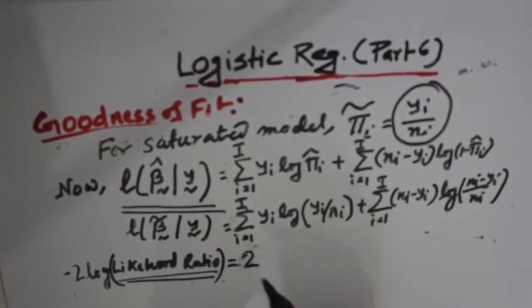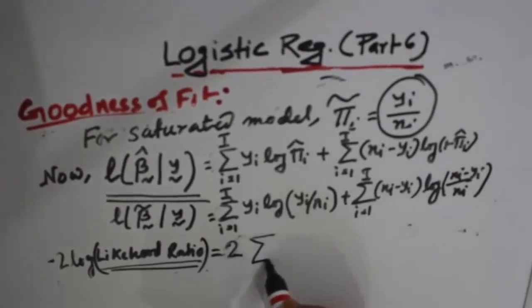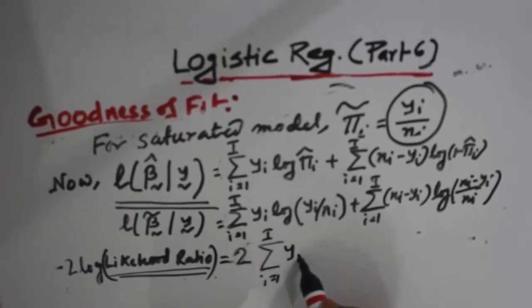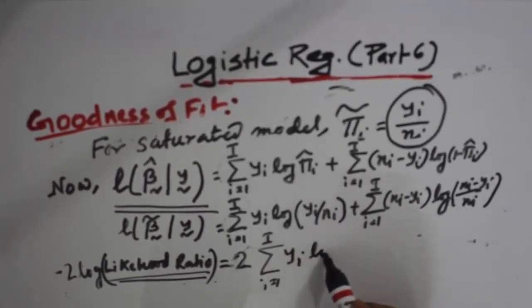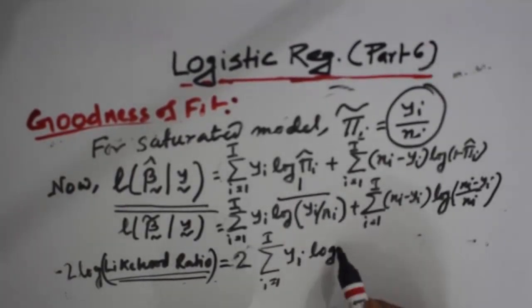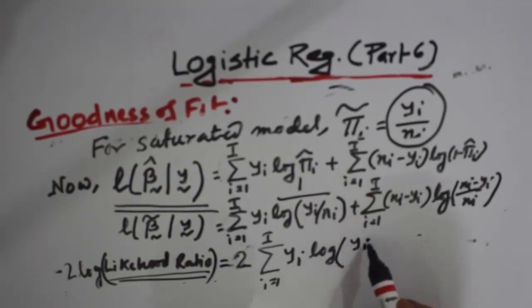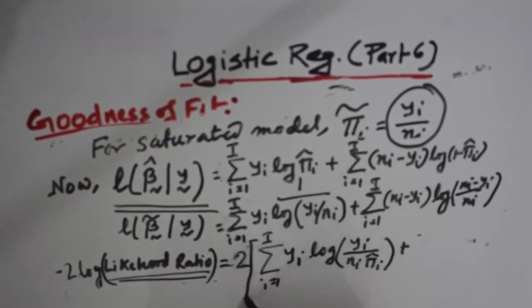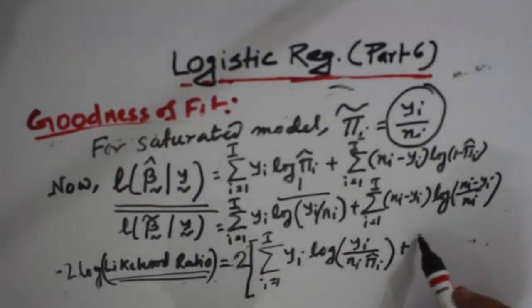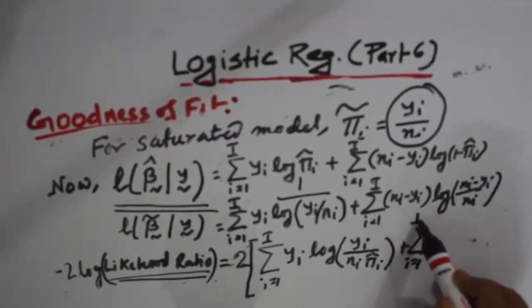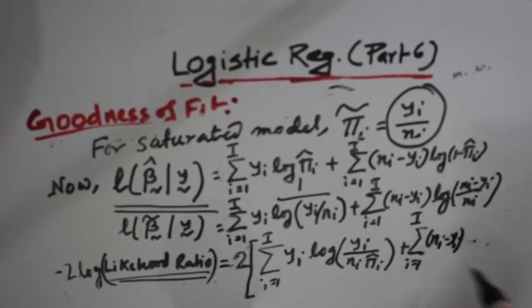So this is equal to 2 times the sum over I from 1 to capital I of yi log yi by ni pi I hat, plus 2 times, taking 2 outside of the bracket, the sum over I of ni minus yi times log ni minus yi by ni times 1 minus pi I hat.